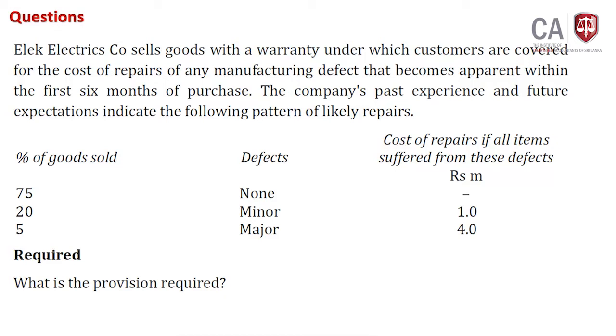The percentage of goods sold is 5%, right? From 5% you expect major defects, right? When you sell 100 goods, you expect 20% minor defects and 5% major defects. So the repair cost is 4 million, and 75% have no defects.